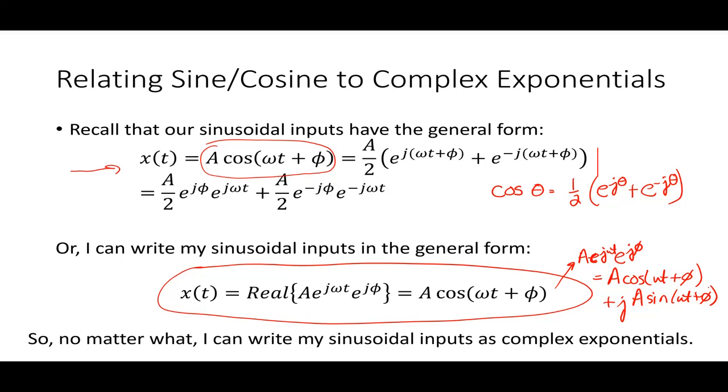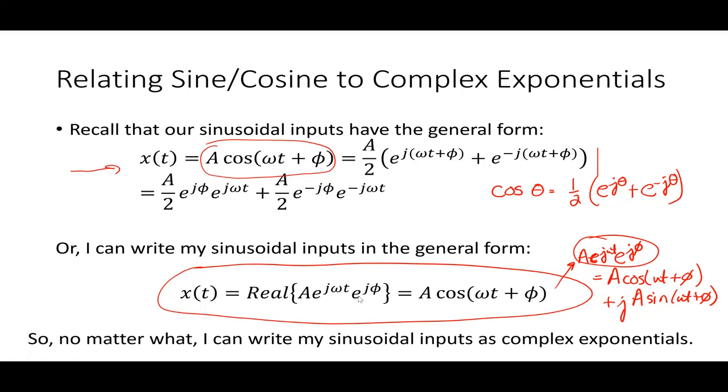Basically, we use this approach here. We note the fact that typically our inputs to our real systems are these sort of cosine or sine functions, but the math that we do tends to be a heck of a lot easier when we view it as a complex exponential and then take the real part or the imaginary part at the end.